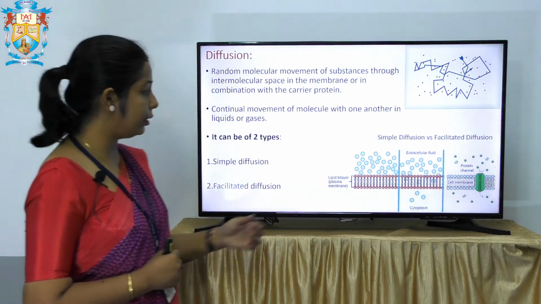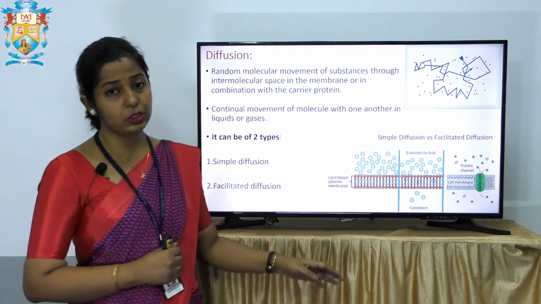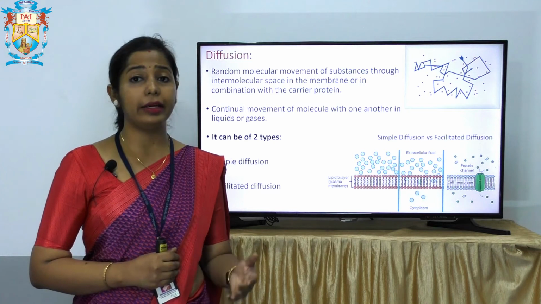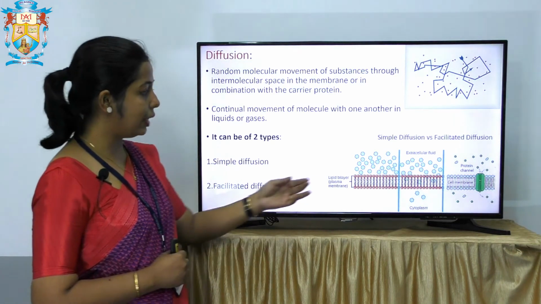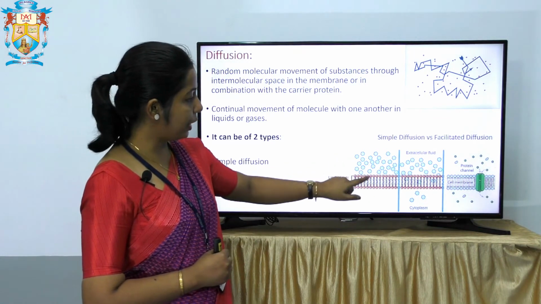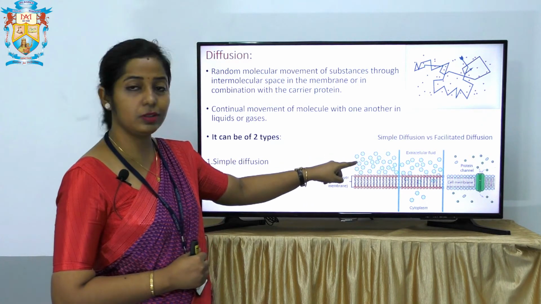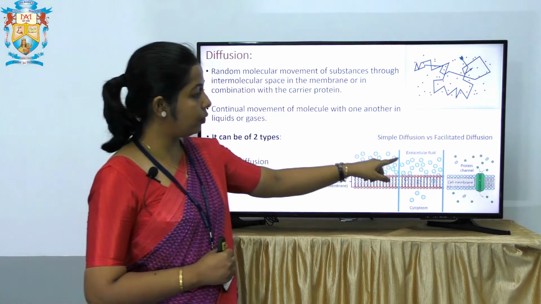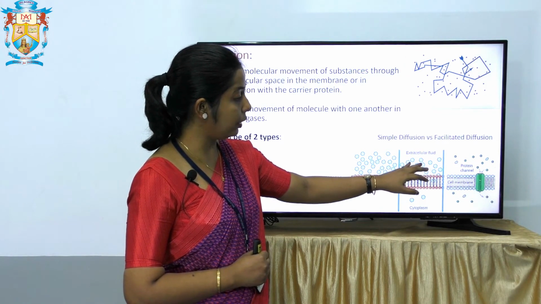As you can see here, this is an example of simple diffusion. Diffusion always takes place from higher solute concentration to lower solute concentration, and the same thing is happening here in the biological membrane. Initially, in the extracellular fluid, the concentration of this solute is higher.